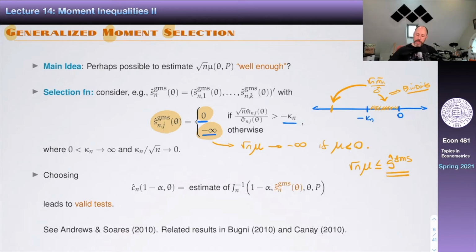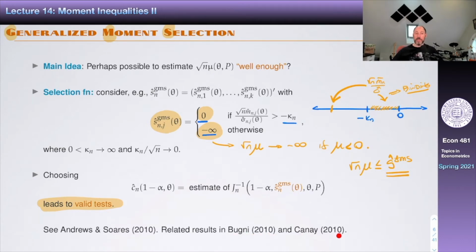But anyway, now take this function. If we set our critical value as an estimate of this auxiliary distribution where the S function is this GMS function, this leads to a valid test, and by valid test, I mean a uniformly valid test. This idea was proposed by Andrews and Soares, and it was also used in Federico Bugni's job market paper and in my job market paper.